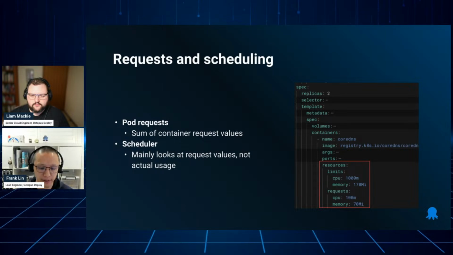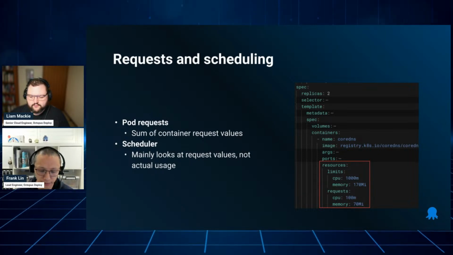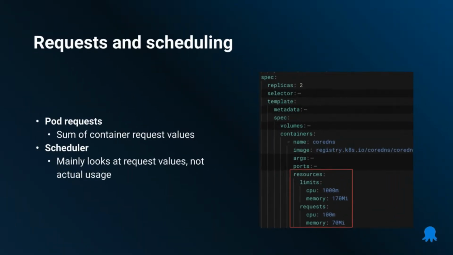All right, let's talk about pod scheduling. From the example, you can see that the requests are defined against the container and not the pod. So when a new pod is created, the scheduler adds up the request values of all the containers inside the pod and uses that for scheduling. For example, if I have two containers that request 100 megs each, then the pod's total memory request is 200.